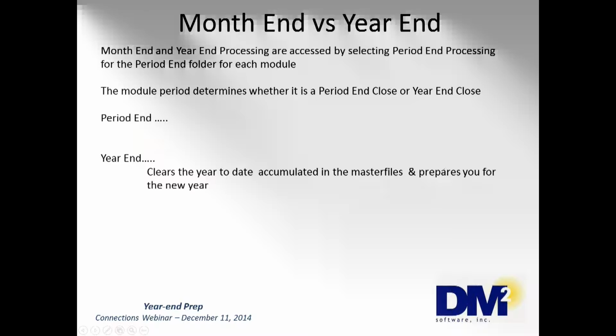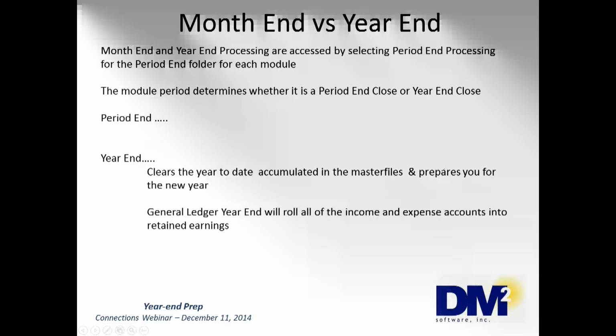So for instance, year to date in your customers, vendors, inventory, and then it prepares you for a new year. The general ledger year end rolls up the income and expense accounts into retained earnings. And then the payroll year end not only resets the year-to-date earnings totals, but it also resets benefits.